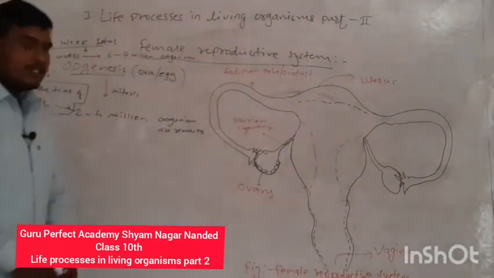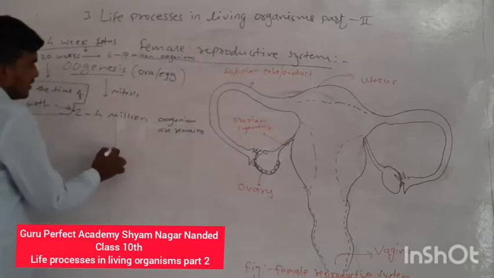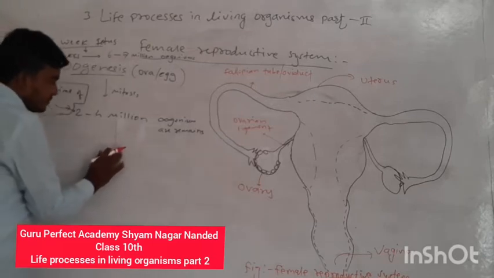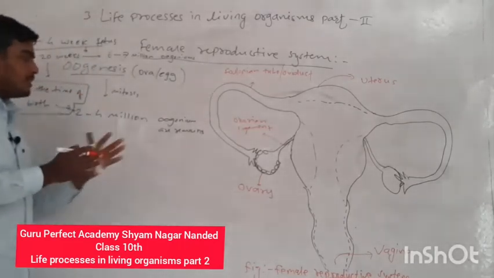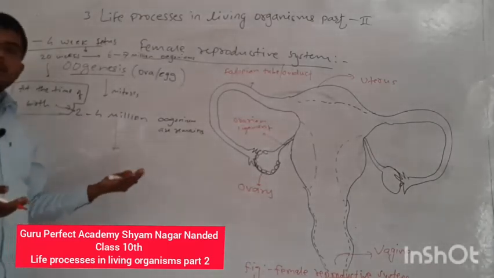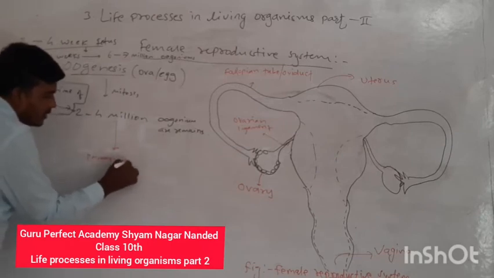Now what happens in the next step? Here is the starting of the process. These 2 to 4 million oogonium cells again decline in number, and they divide and convert into primary oocytes.